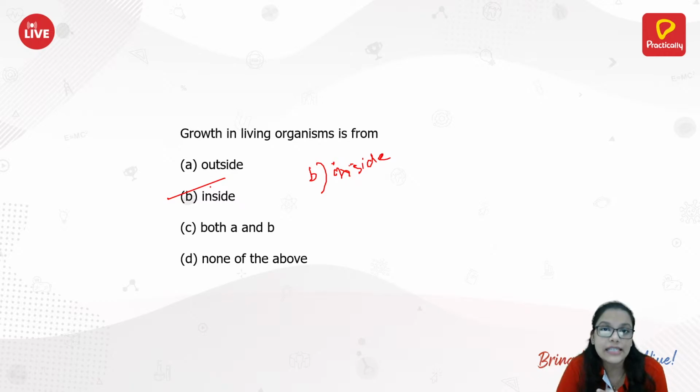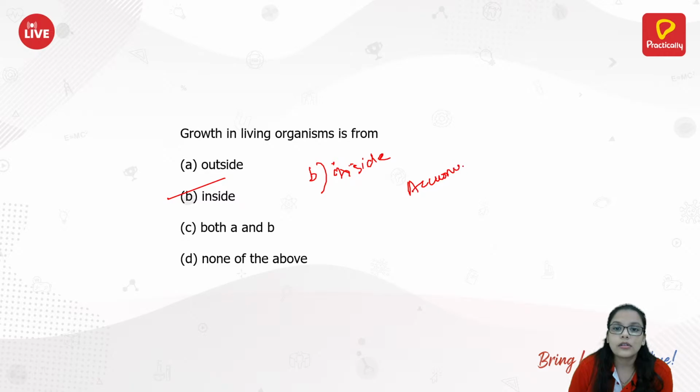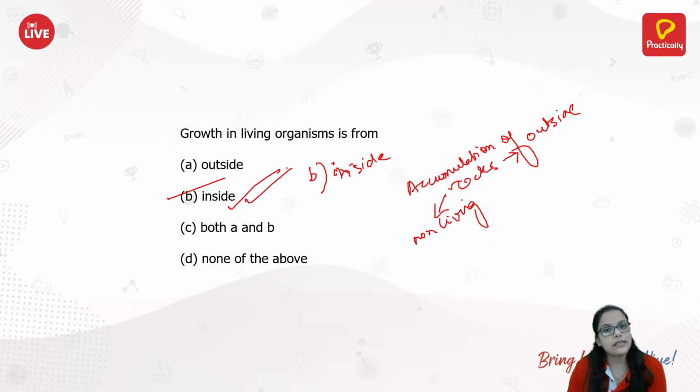That all happens inside. When it's outside, as I said, accumulation of rocks, etc., that happens outside, and this is a non-living thing. So for a living thing, it happens inside.